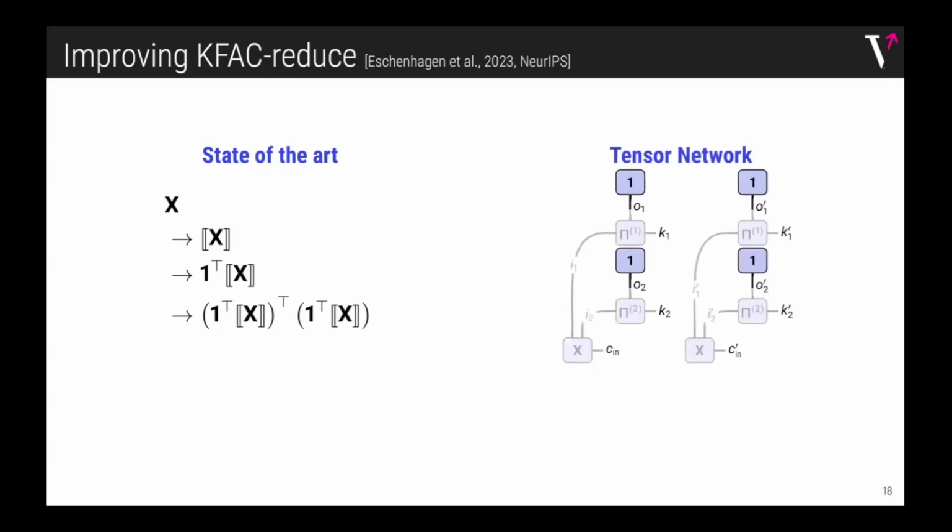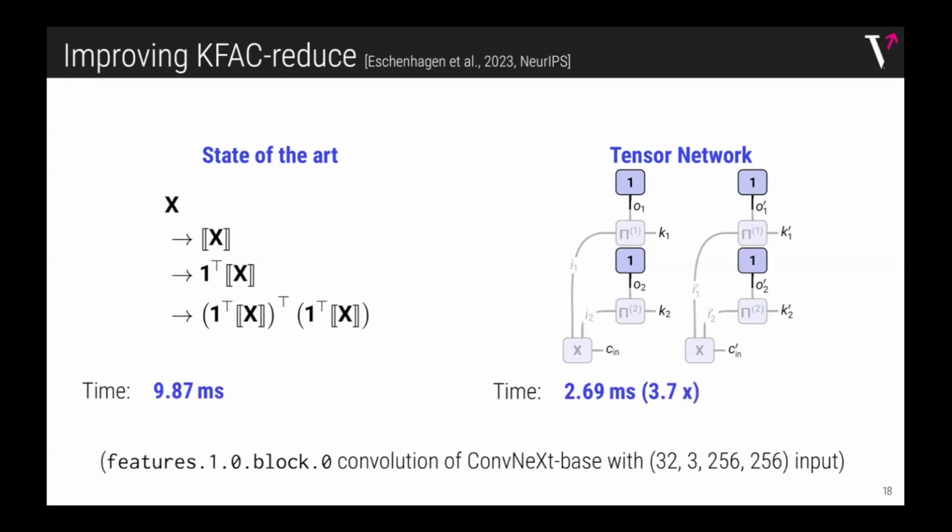You can look at this as just a tensor network. Because we are using a machine learning framework, in PyTorch we would have to build up this huge tensor, the unfolded input, called X double bracket, which is very slow, and here roughly 4 times slower.